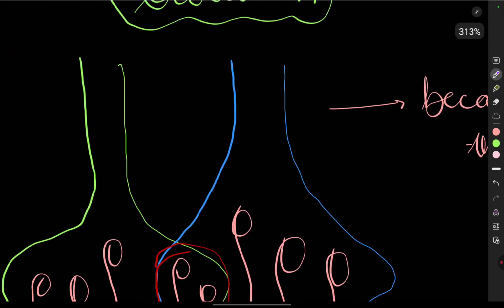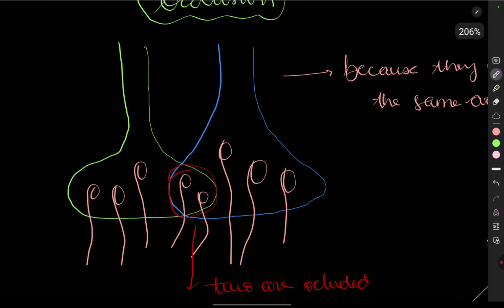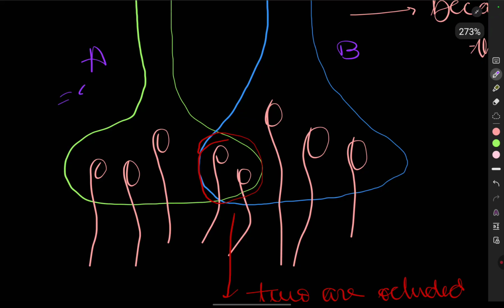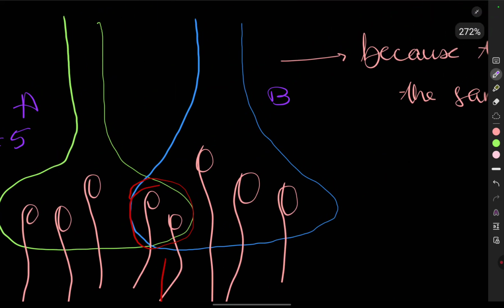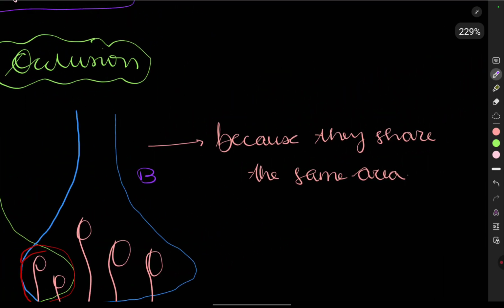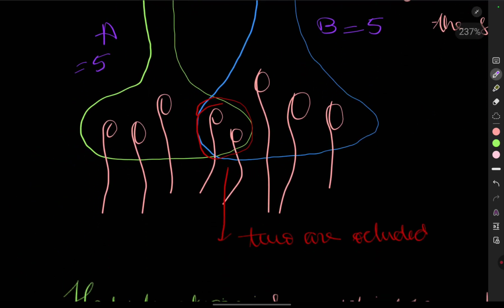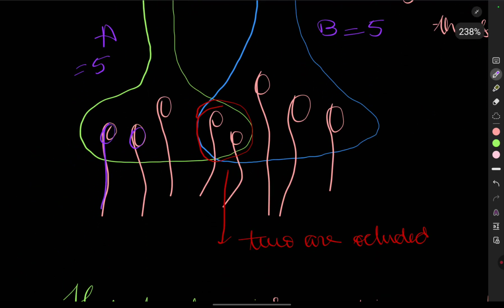Now we are going to study occlusion. What does occlusion mean? See, this is neuron A and this is neuron B, and neuron A is releasing, having 5, and neuron B is also having 5 releasing transmitters.